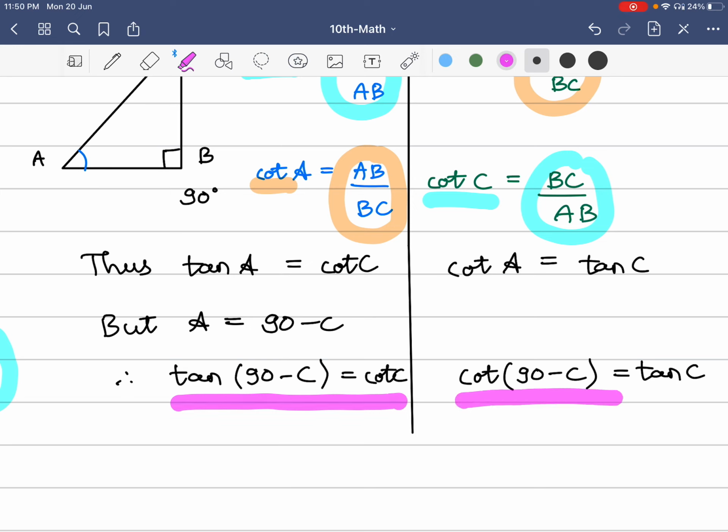Once again this is the trigonometric ratio relationship for complementary angles. These are two complementary angles as we saw here, A and C.